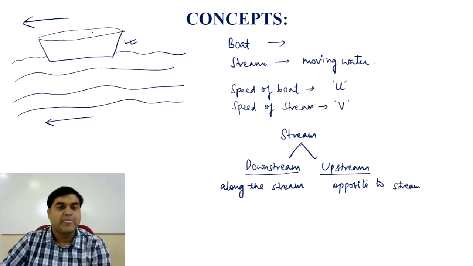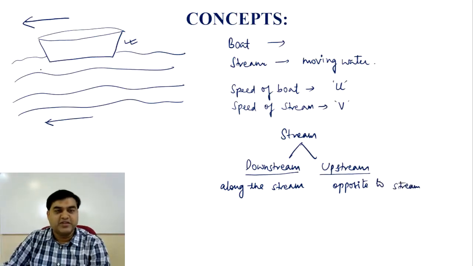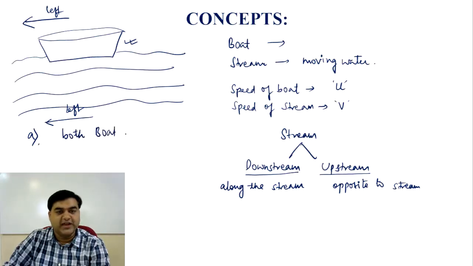See here, in case A, what happens if the boat is going towards the left and the stream also is going towards the left? Then both boat and stream are going towards the left. So what is it called?